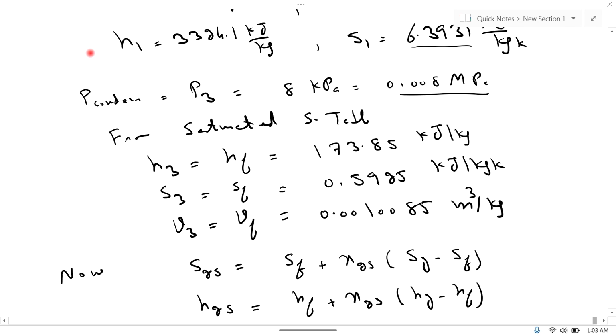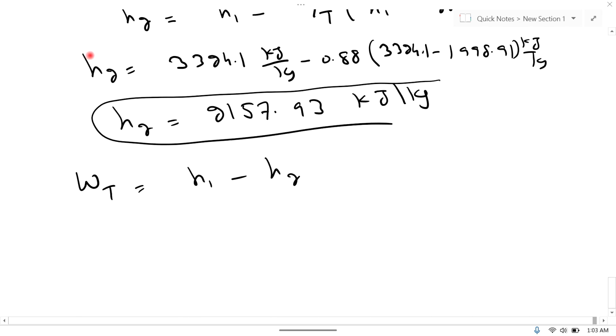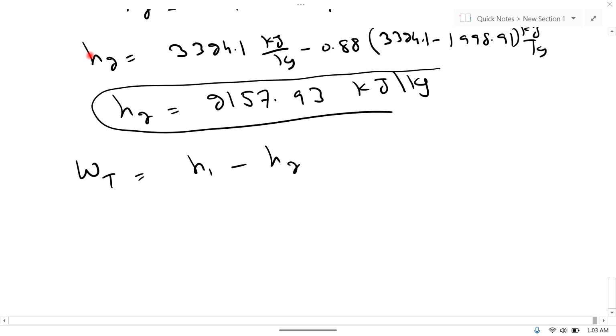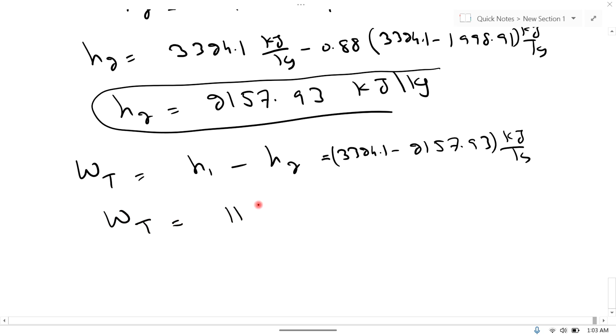H1 is equal to 3324.1 minus H2, which is 2157.93 kilojoule per kg. So the work of turbine is equal to 1167.17 kilojoule per kg.